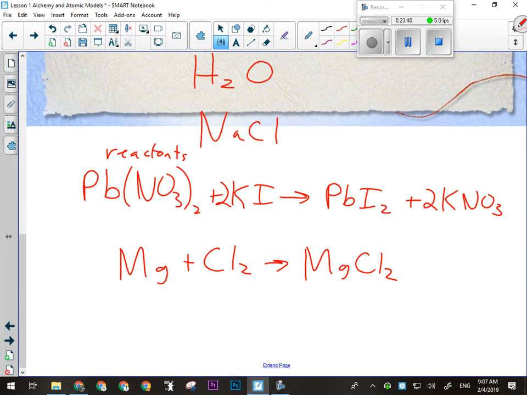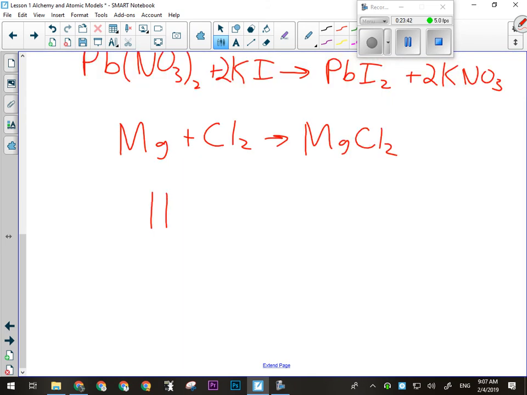Something could also be separated. This is the process by which rocket fuel is made. We separate hydrogen and oxygen from each other, and we create liquid hydrogen and liquid oxygen, and that's what makes rocket fuel. But I still have on both sides of that reaction hydrogen and oxygen.